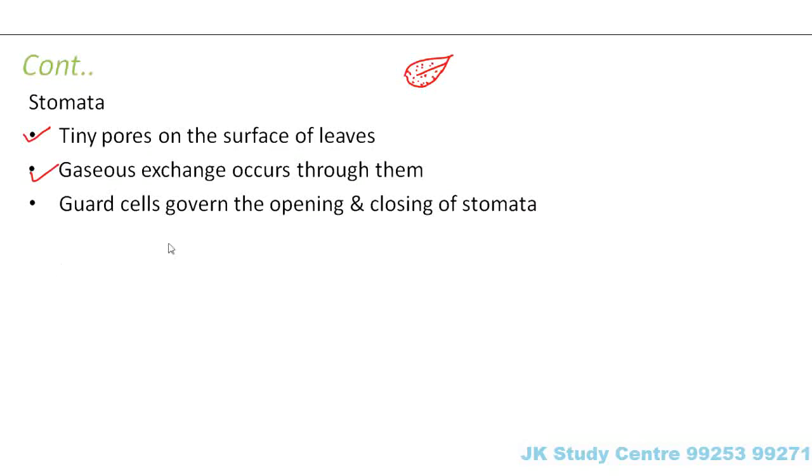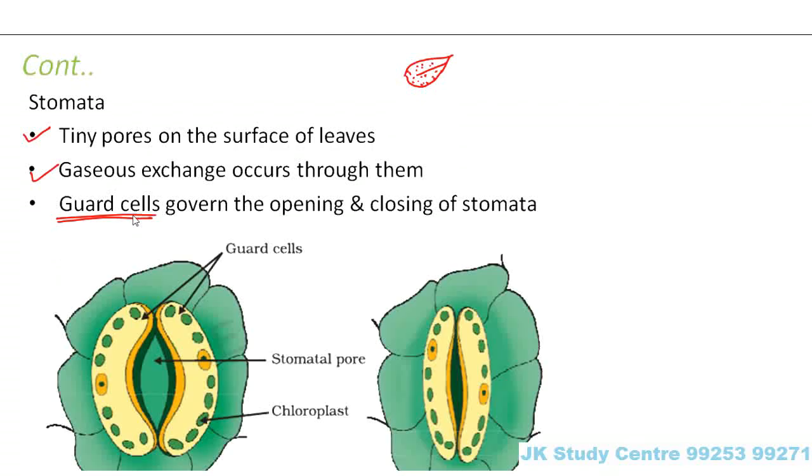This opening and closing of stomata is governed by what are known as guard cells. It is a pair of cells which control the opening and closing of stomata. Let us look at how the guard cells look. Here you can see two bean-shaped cells. They are the guard cells. Here this gap is the stomata or the stomatal pore.